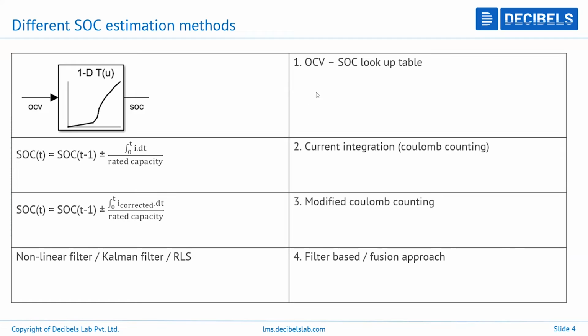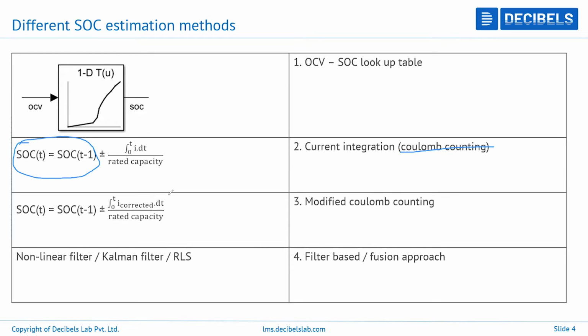It is called Coulomb counting. Coulomb counting, or current integration, is basically the continuous integration of current with respect to time, and if you take that as a ratio with respect to rated capacity, then you can obtain the state of charge. So this is very simple as well.